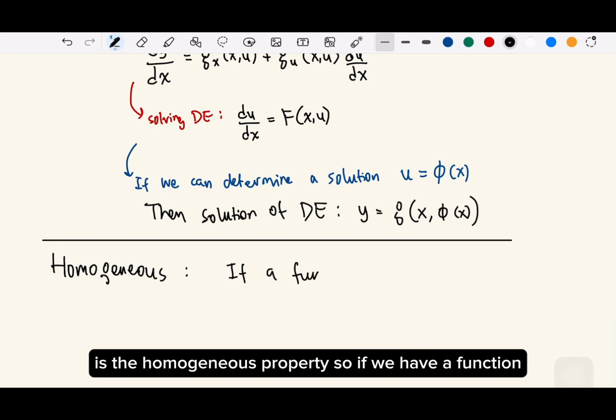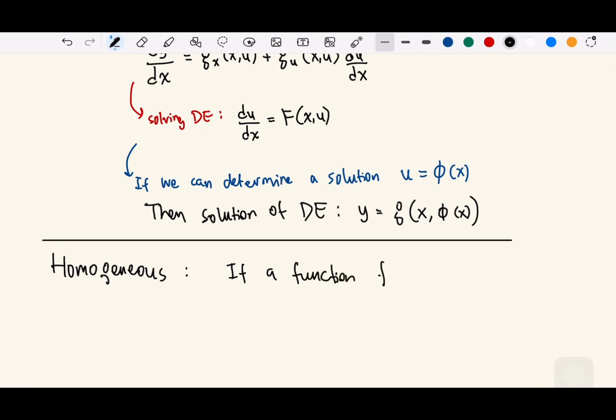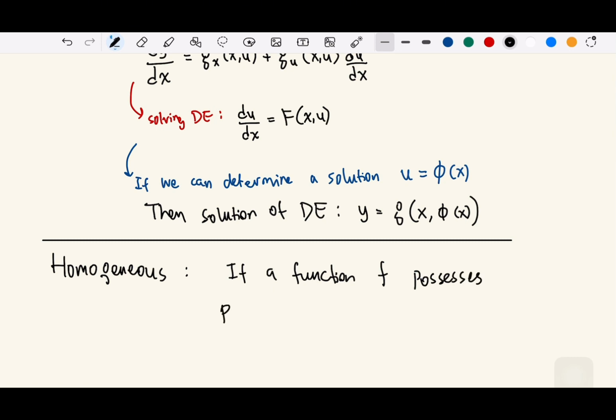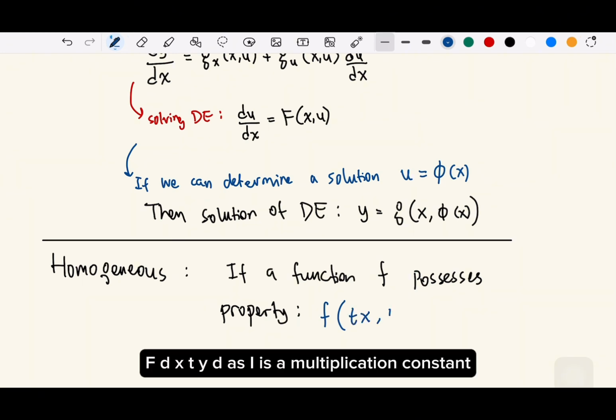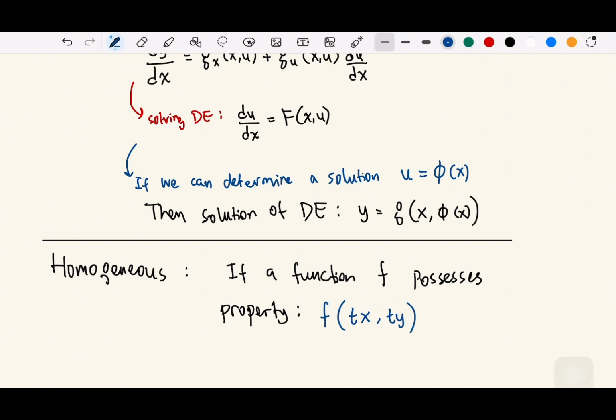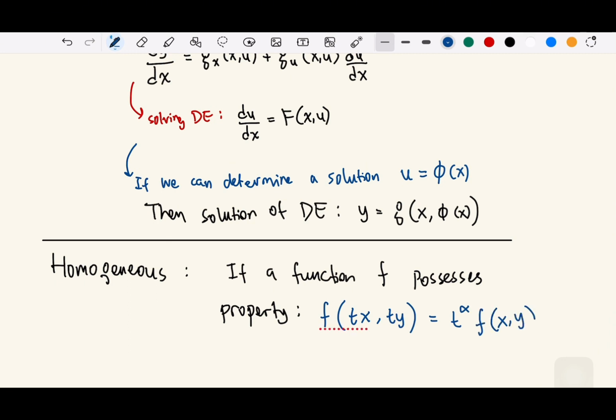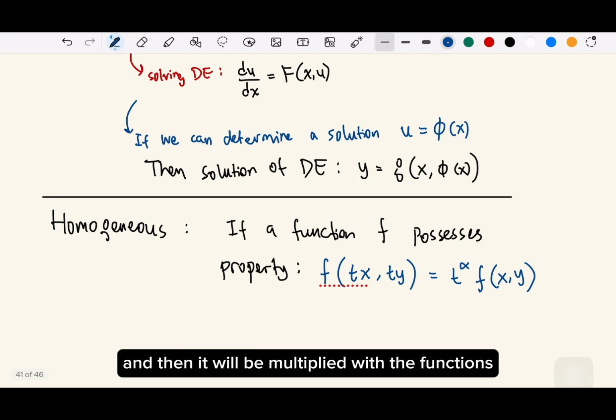Let's say we have a function with the property f(tx, ty), where t is a multiplication constant that we can factor out, and it will be multiplied with the function.